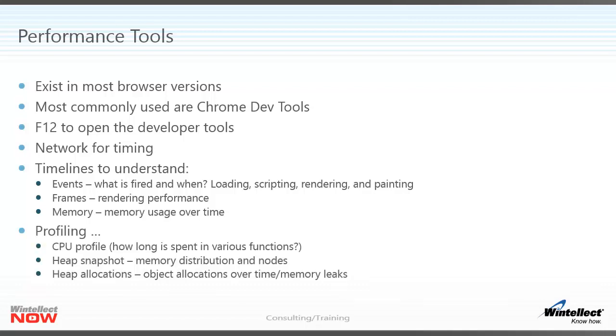The dev tools also provide some fairly advanced profiling. You can take a look at the CPU profile to see how long time is spent in various functions. You can take a snapshot of the heap to understand how memory is distributed, and you can look at heap allocations over time. And we're going to focus on a very specific aspect of profiling called the heap snapshot to help troubleshoot one of the most common issues that come up in applications, which is memory leaks.